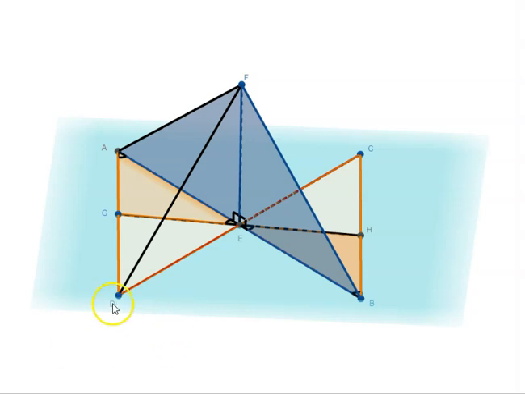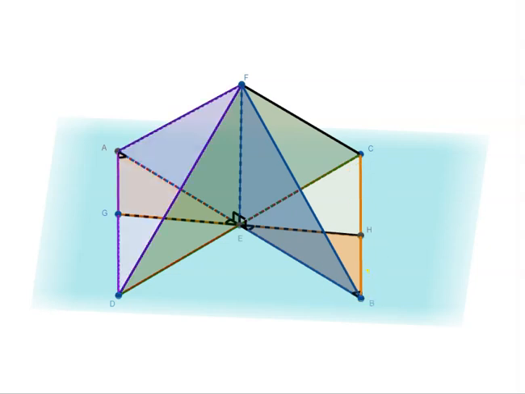Similarly, we can show if we join DF and CF that these two triangles are also congruent, which means DF is equal to CF. Remember, we have already concluded AF is equal to BF, CF is equal to DF, and AD is equal to BC.